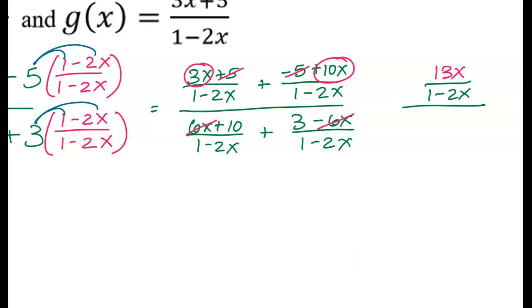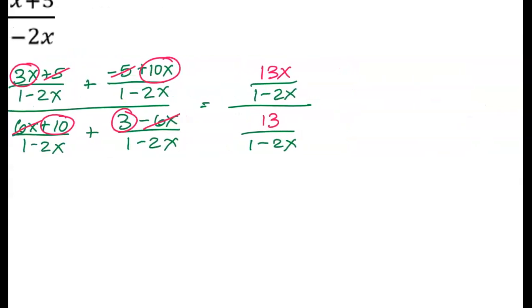What else? 3 plus 10, and we get 13. And my denominator remains the same, 1 minus 2x. Okay, so now we have a fraction over a fraction. How do I simplify this great big fraction?